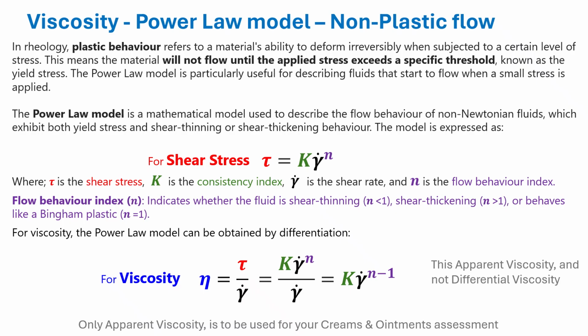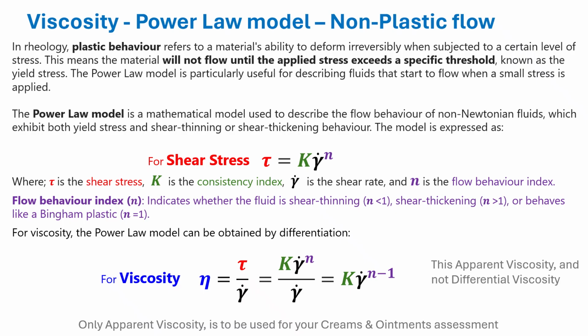So what we can simply do is say that because viscosity is simply a measure of the shear stress divided by the shear rate, we can look to this bottom equation and input our values, our consistency index, our shear rate and our flow index into the equation, and then divide that all by the shear rate.